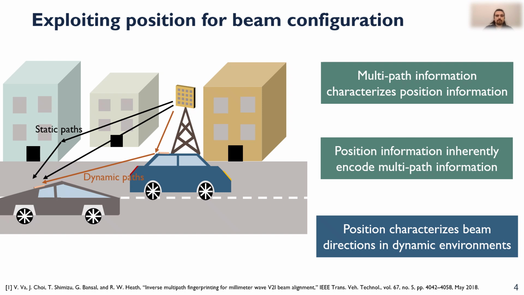In turn, the position information can be useful to infer some information about multipath information, and in turn beam directions. In the work given below, a technique called inverse multipath fingerprint is explained. So the position characterizes the multipath and beam directions in dynamic environments and can be used for the beam and panel configuration for multi-panel DMA antennas.